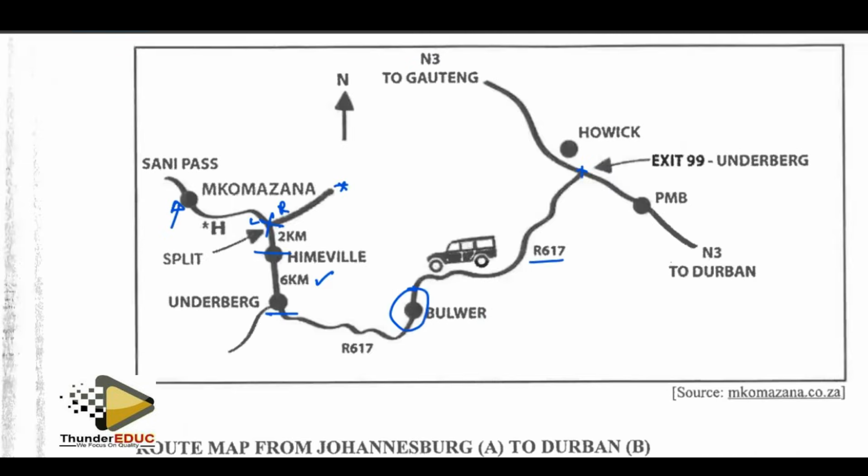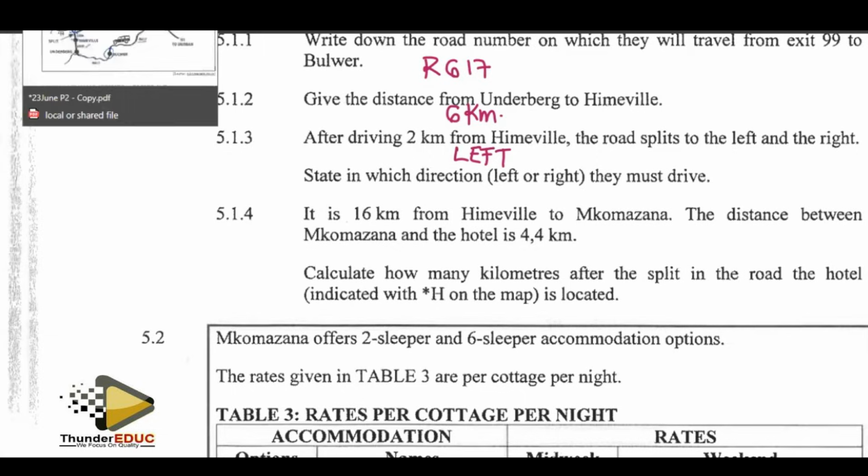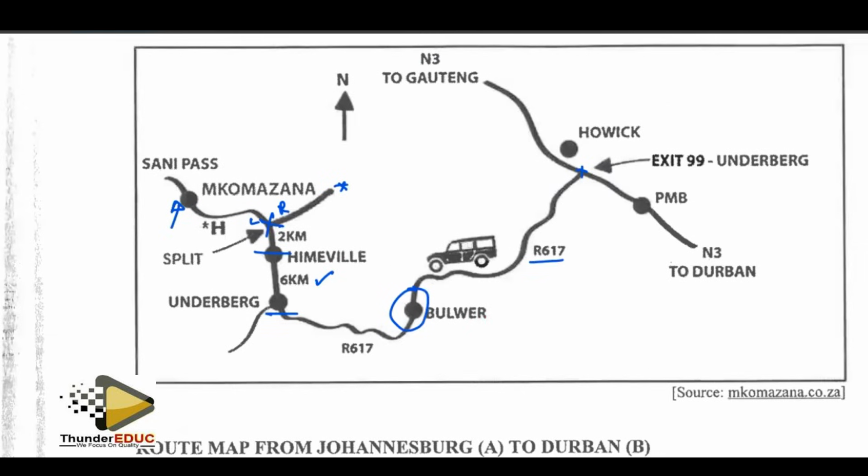They are telling us the total distance. The total distance from Hanbury to Makotsi is 16. From here up to here, you've covered a distance of what? That's the total distance, 16. But they want to know what is the distance from the split to this place here.